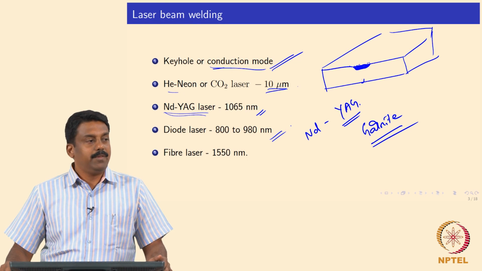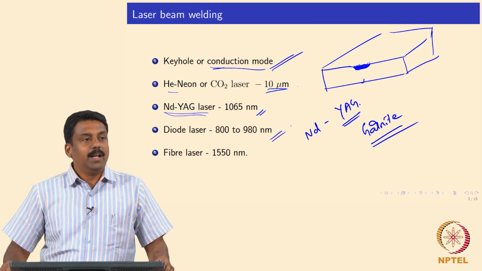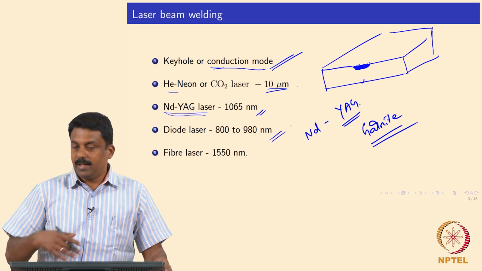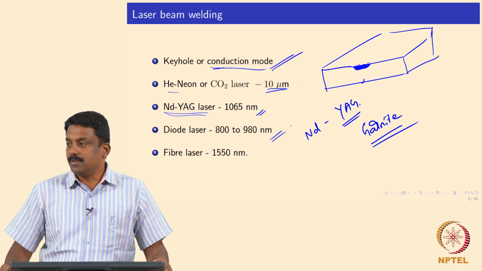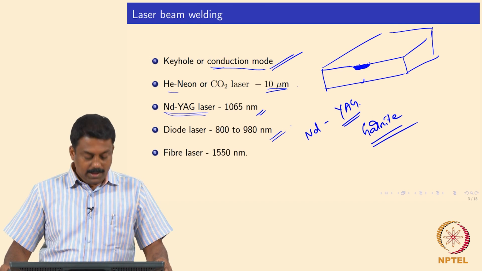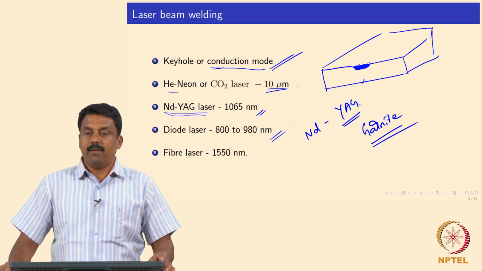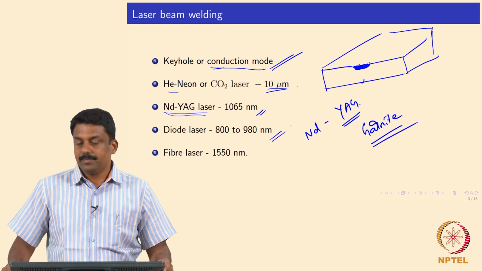And nowadays we use optical fibers. Even in the very latest development, we use graphene mirrors in optical fibers to generate very high efficiency lasers with power going up to 100 kilowatts.